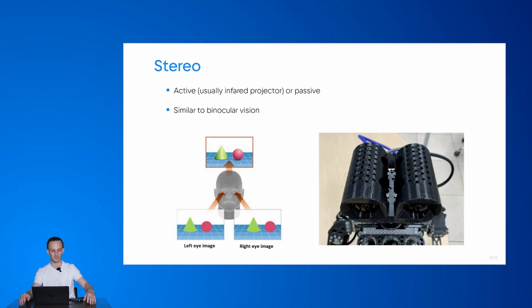So they emit some light in a part of the spectrum not visible to humans, and they have cameras with photosensitivity in this part of the spectrum. So they have a stereo pair, and this stereo pair is capturing the depth in the image, and the normal monocular camera is capturing basically the color.